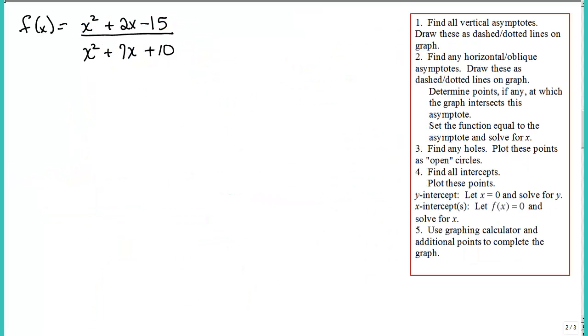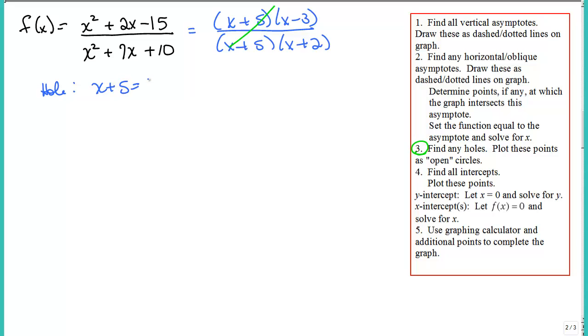Let's go through the second example. So again, we're going to factor this. Aha! I have a common factor. So that tells me I'm going to have a hole. So I'm going to stop right here and go ahead and write that down. Hole is found with the common factor.